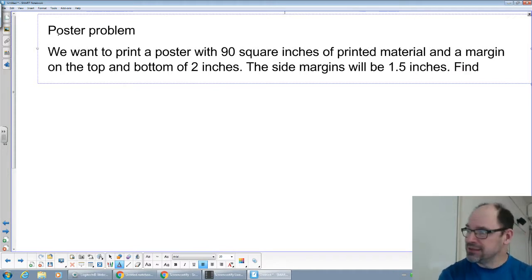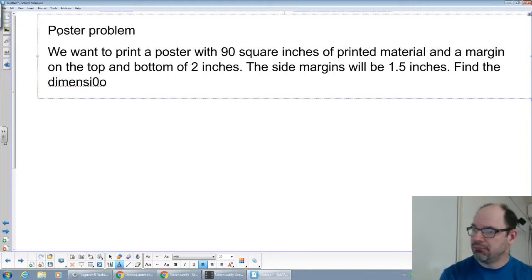Find the dimensions of the page to use the least amount of paper.